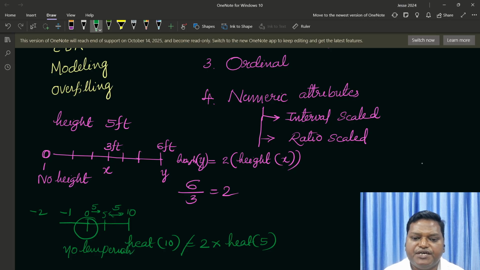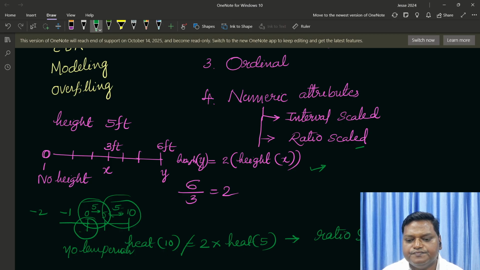So the type of attributes where you can use ratios is known as ratio scaled attributes. And the type of attributes where you can quantify the difference, but you cannot use them as ratios, is known as interval scaled attributes. So the degree Celsius temperature scale is interval scaled.